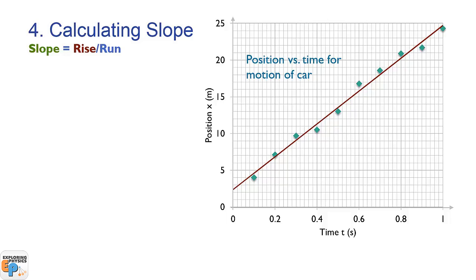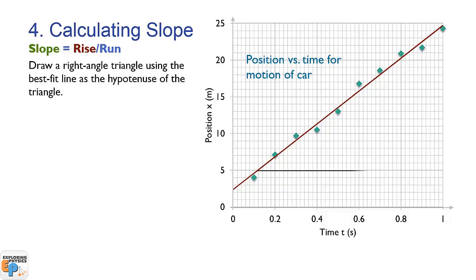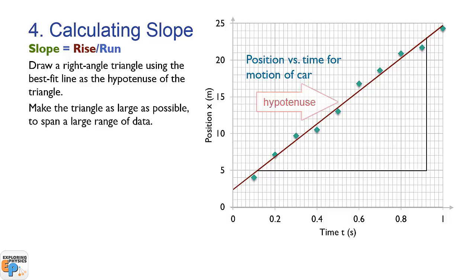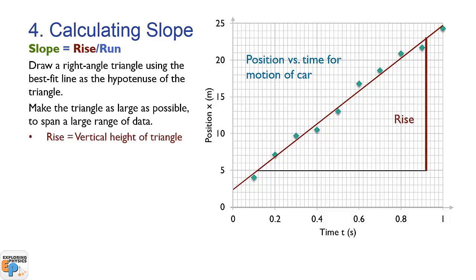To calculate the slope, we draw a right-angled triangle using the best fit line as the hypotenuse of the triangle. We make the triangle as large as possible so that it spans a large range of data. The rise now is the vertical height of the triangle.